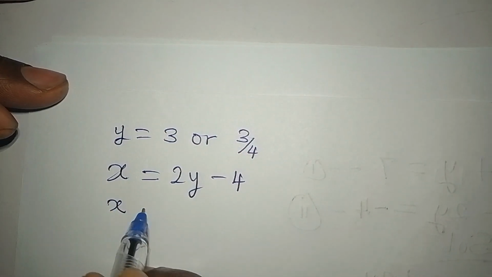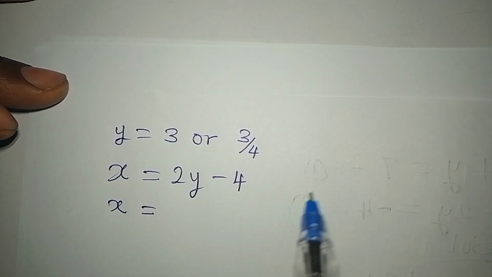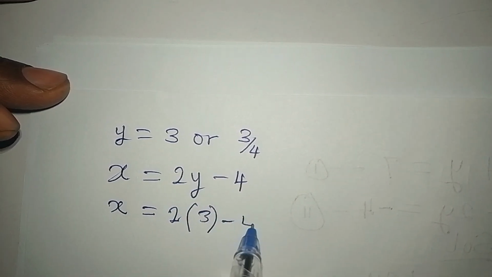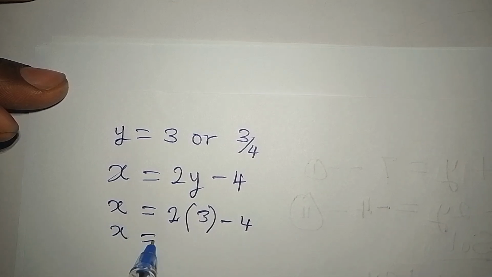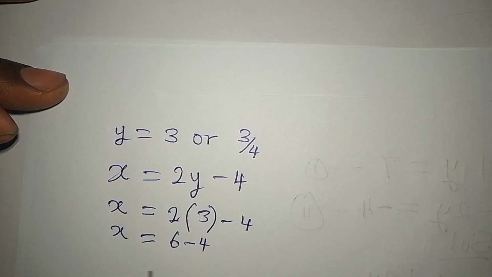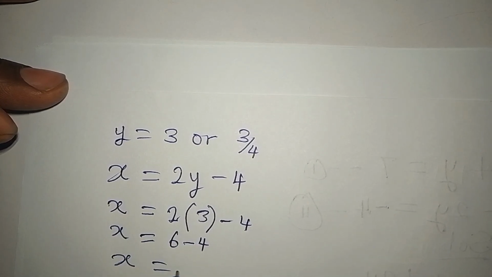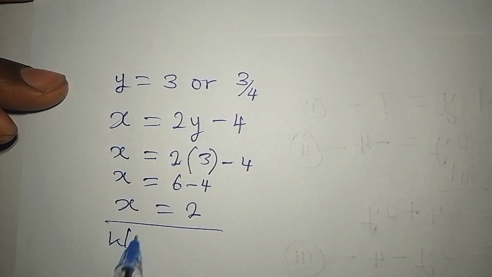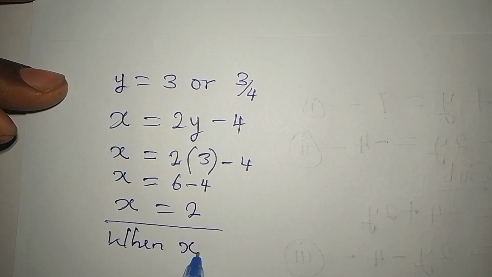Now, x is equal to, let's use the first value of y, 2 into 3 minus 4. So x becomes 6 minus 4, and this means that x is equal to 2. So we are saying that when x equals 2, y equals 3.